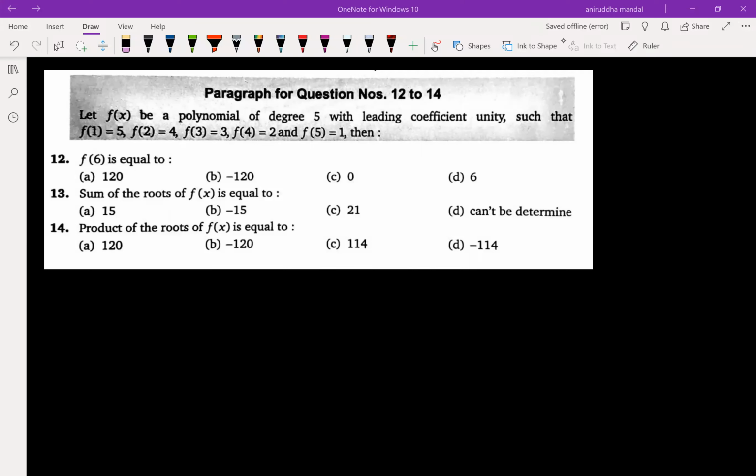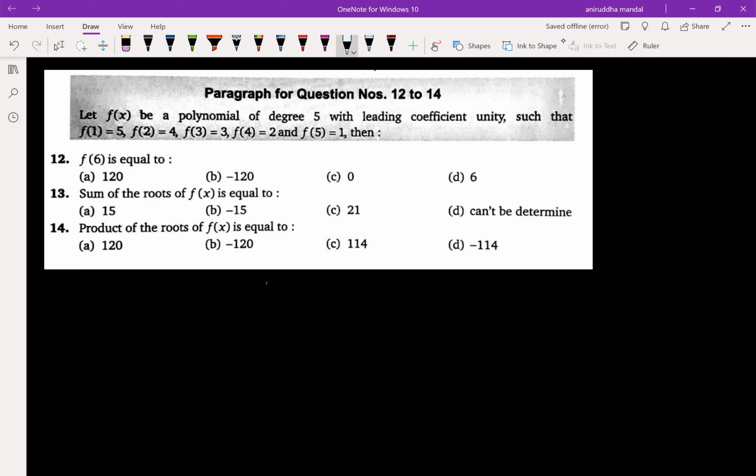Okay, the next question is: f(x) is a polynomial of degree 5 with the leading coefficient unity, and it is given that f(1) is 5, f(2) is 4, f(3) is 3, f(4) is 2, and f(5) is 1. Then a few questions are given based on this information.